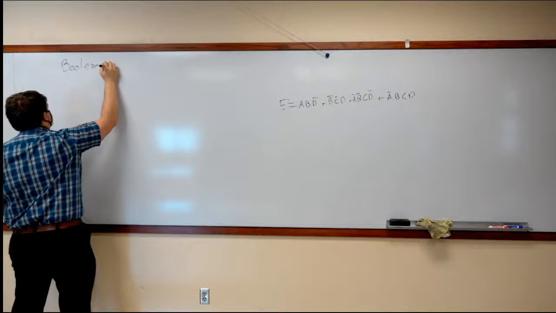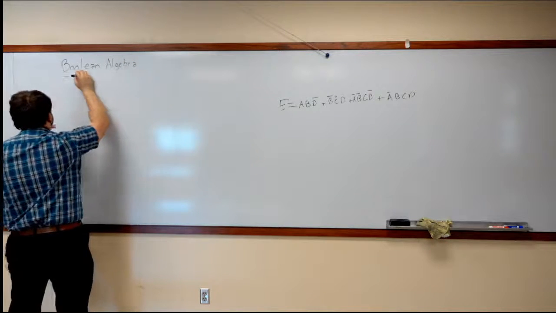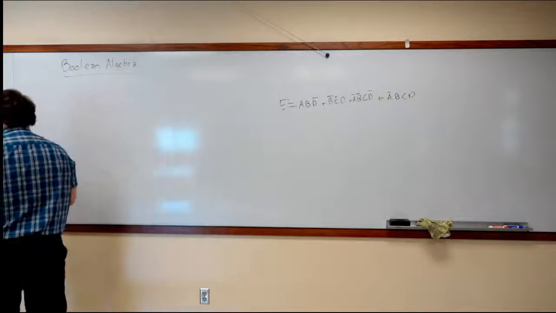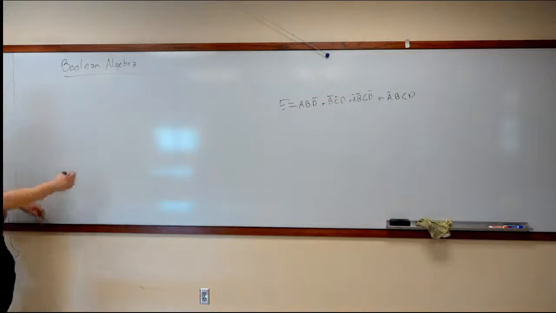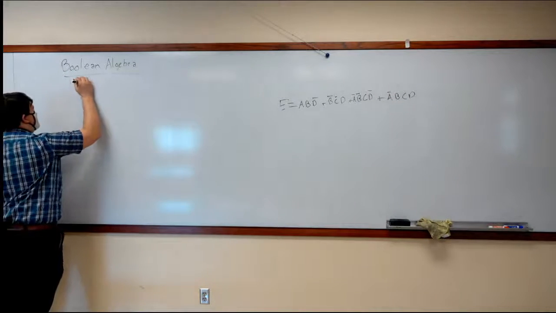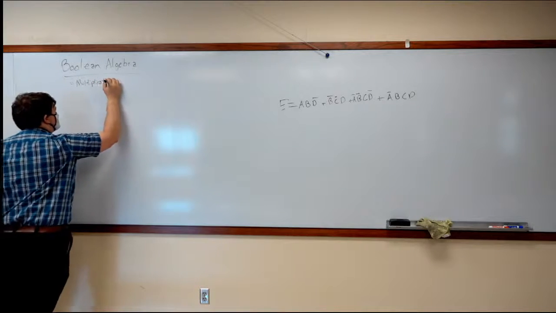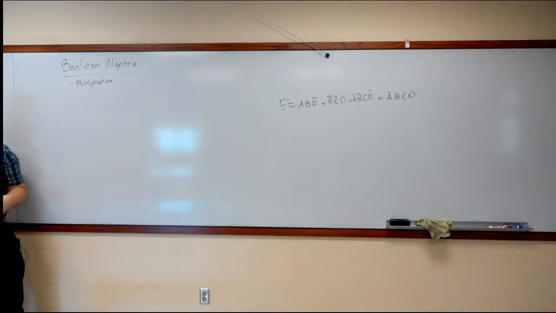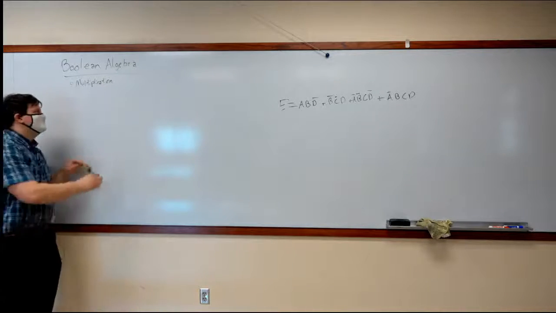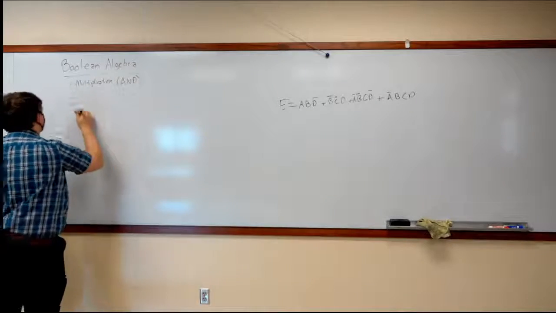Boolean algebra. The idea of Boolean algebra is we really have two terms. We have multiplication, which is, ironically, like the same thing as division, so they get lumped together. Anytime you have multiplication, you have an AND gate.